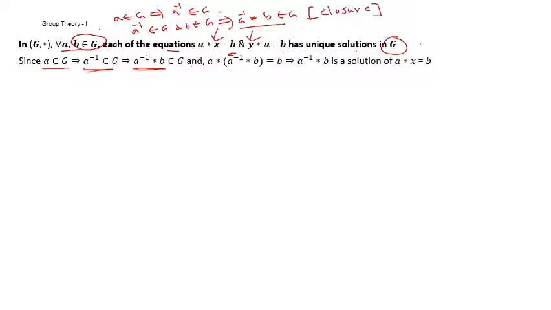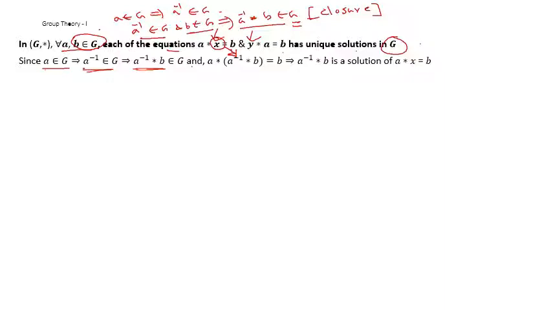যে কোনো দুটো এলিমেন্ট যদি আমরা গ্রুপের মধ্যে নিই, সেটা সবসময় গ্রুপেই থাকে। A inverse star B গ্রুপ এলিমেন্ট, G তে আছে। এবার আমরা এই x এর জায়গায় A inverse star B টা বসিয়ে দিচ্ছি। We substitute A inverse star B in place of x and we get what?